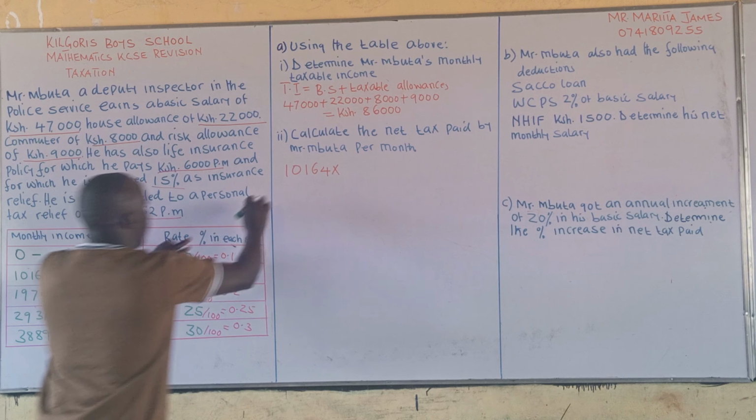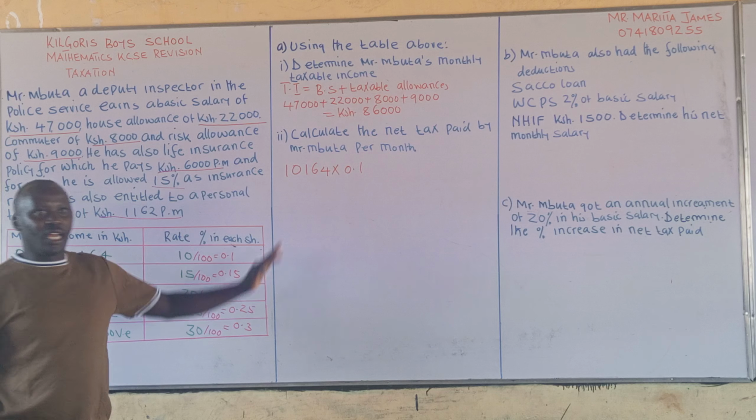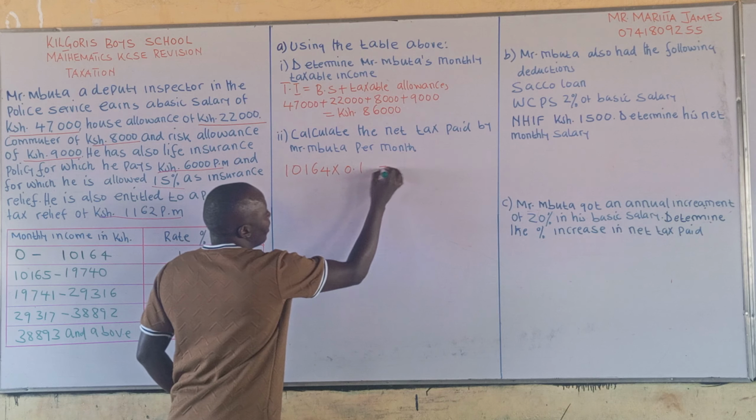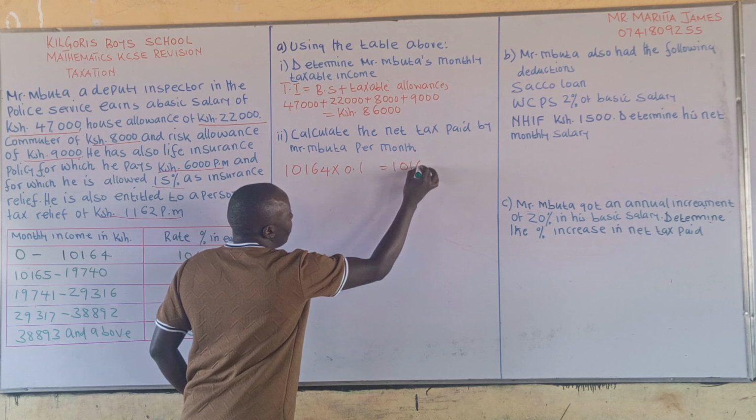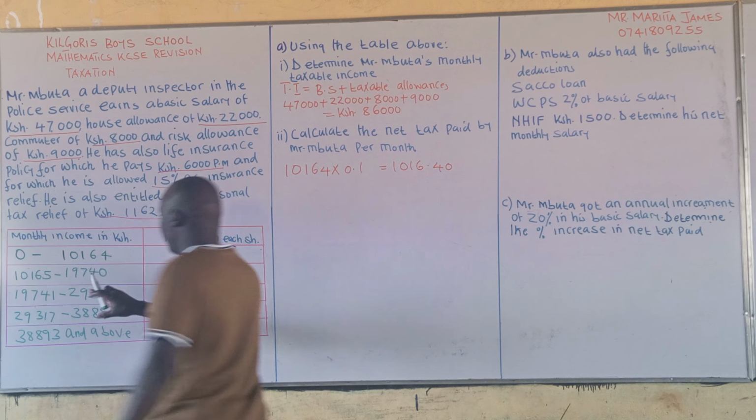So in the first case, we have 10,164 times 0.1, which gives us 1,016 shillings and 40 cents.